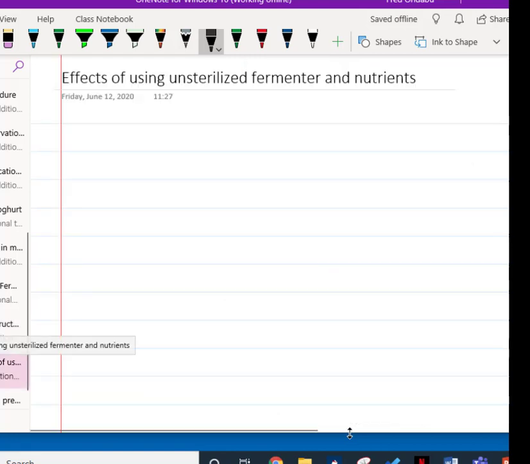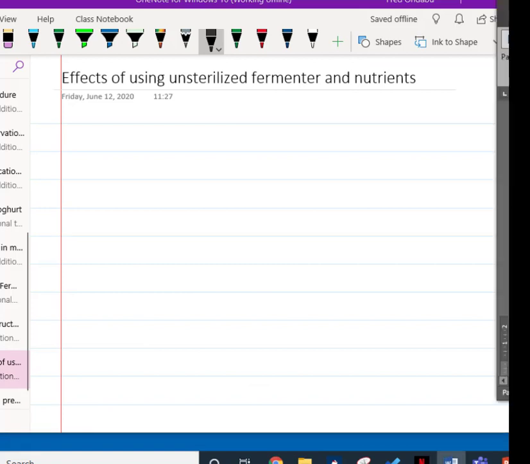Now, I want us to look at the effect of using an unsterilized fermenter and nutrients. Let's say you are carrying out your process of fermentation and you need to keep the fermenter and the nutrients sterilized.